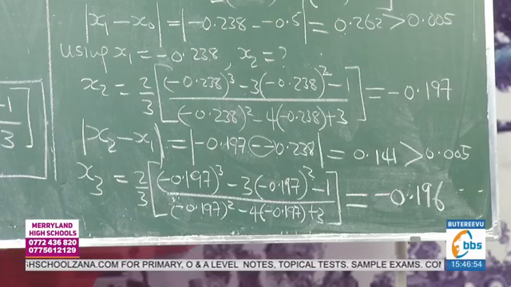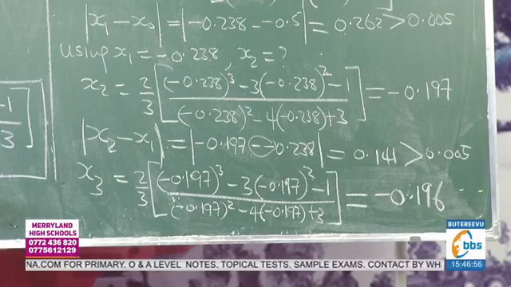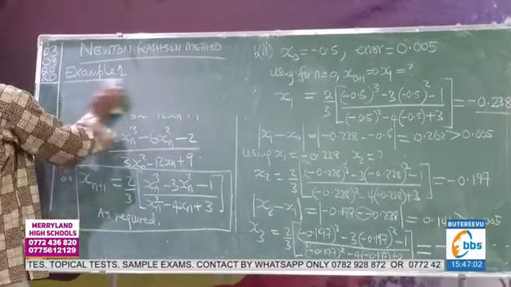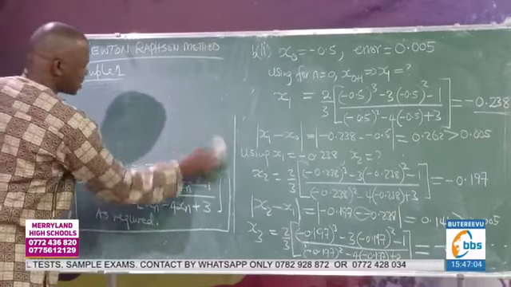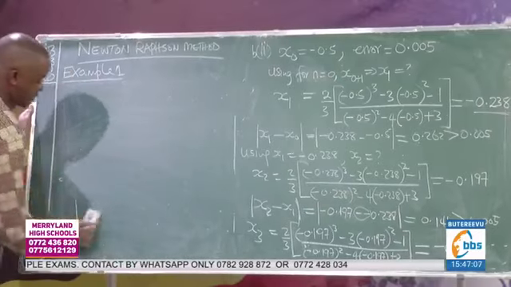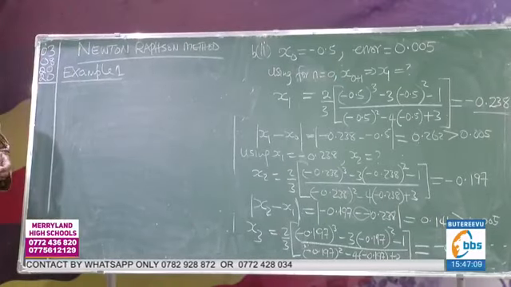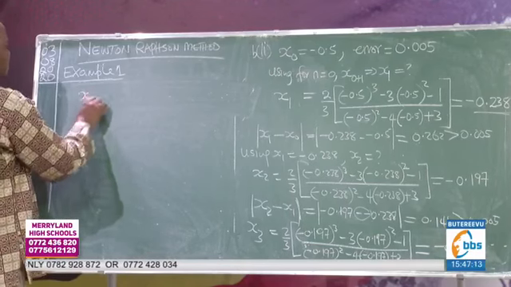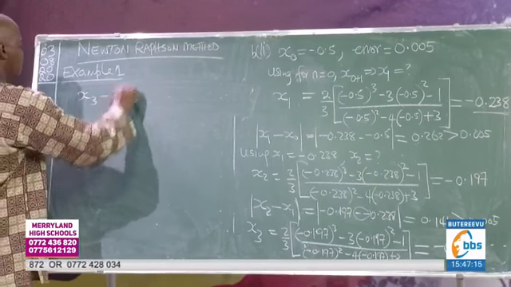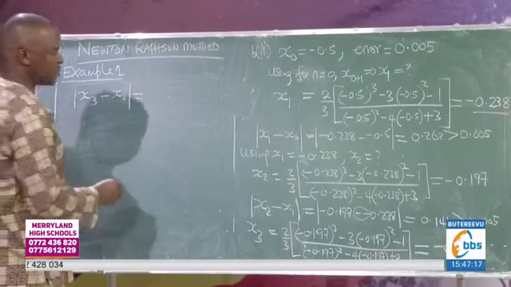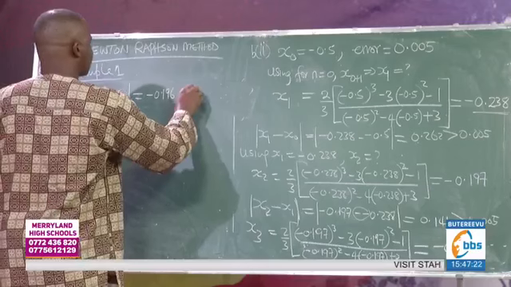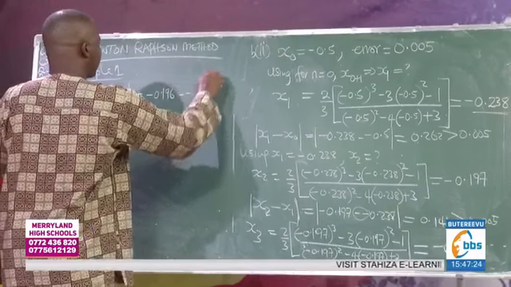So be consistent. If we check for convergence, we ask: is this number converging yet? If it is not, we continue, because we were not limited to the number of trials or iterations. Convergence, x3 minus x2, now will give me negative 0.196 minus 0.197.